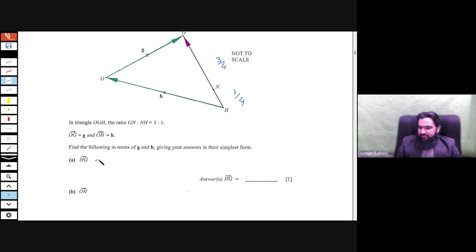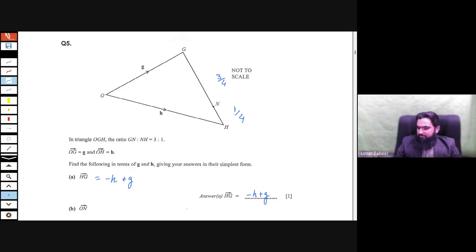So that will be equal to, you are moving in the opposite direction, so minus h, plus g in the same direction. So minus h plus g. So H to G, we have found it. It is minus h plus g.